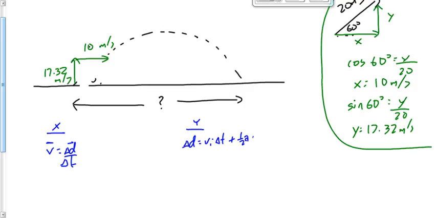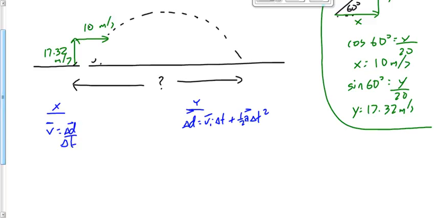Good. Doesn't mean it's always going to work for us, but that's always what we're going to try, because 99.9% of the time that's what's going to work for us. So let's sub in some numbers here. Do we know, Zach, do we know what V is for the x component here? Yes, good. And we don't know what the horizontal displacement is, and we don't know what the time is.